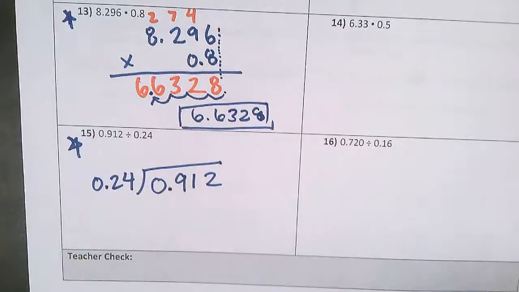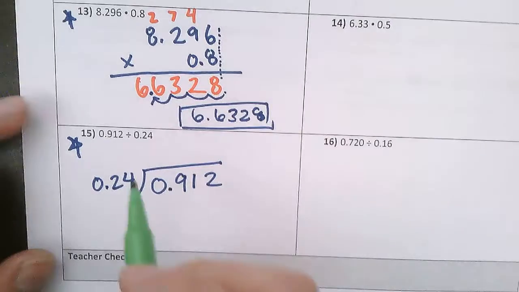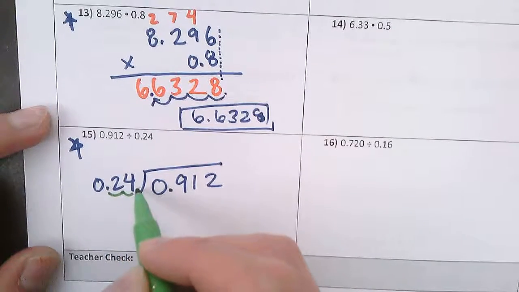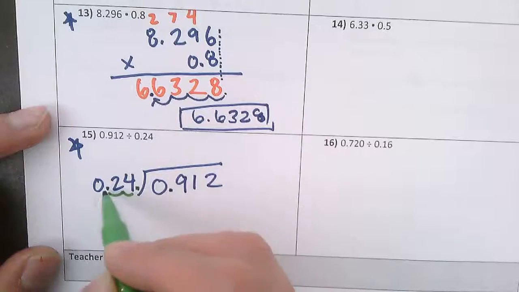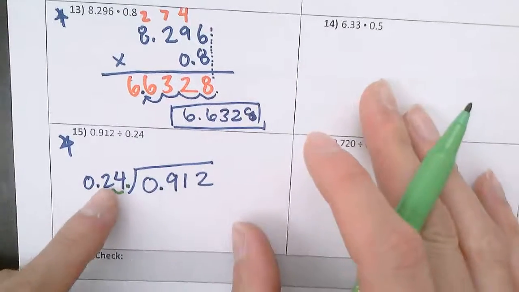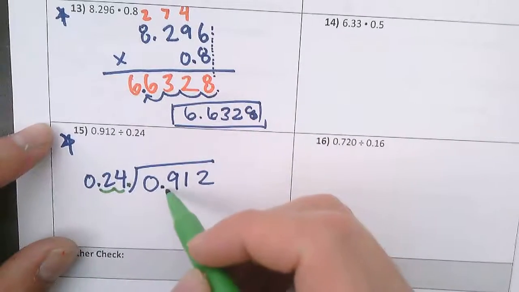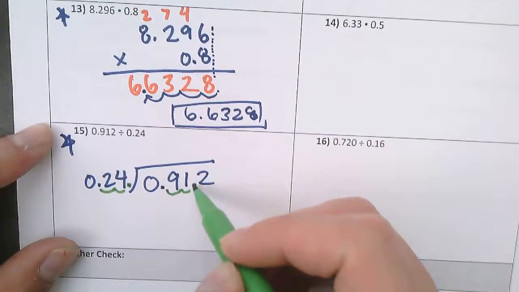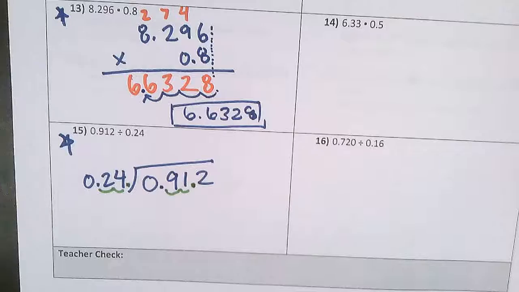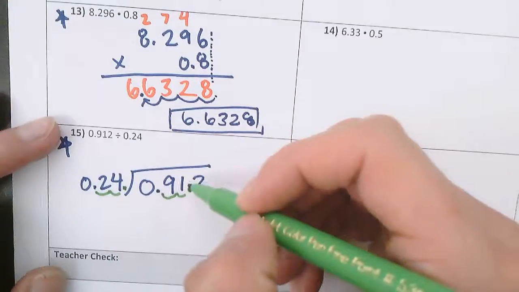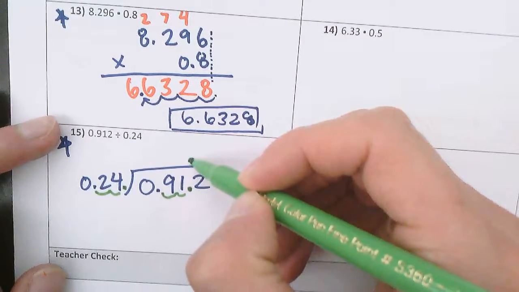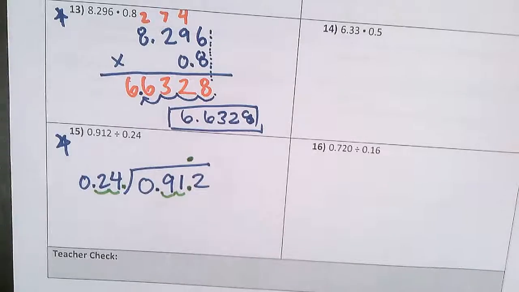There's 1, 2. We're going to move it 2 spaces until it's at the very end. So always move it till it's at the very end. And if I move this decimal 2 spaces, I have to move this decimal 2 spaces as well. So now my decimal is right over there. And then I just bring it straight up top. So right there. And now I can divide like I normally would.